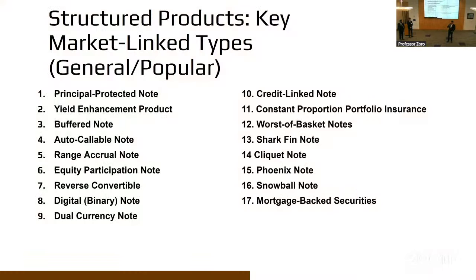So structured products, as you can see here, come in a huge variety of forms. Not only are they a very large market, they're a varied market. But for the purposes of our presentation, we are going to be focusing almost exclusively on auto-callable notes.